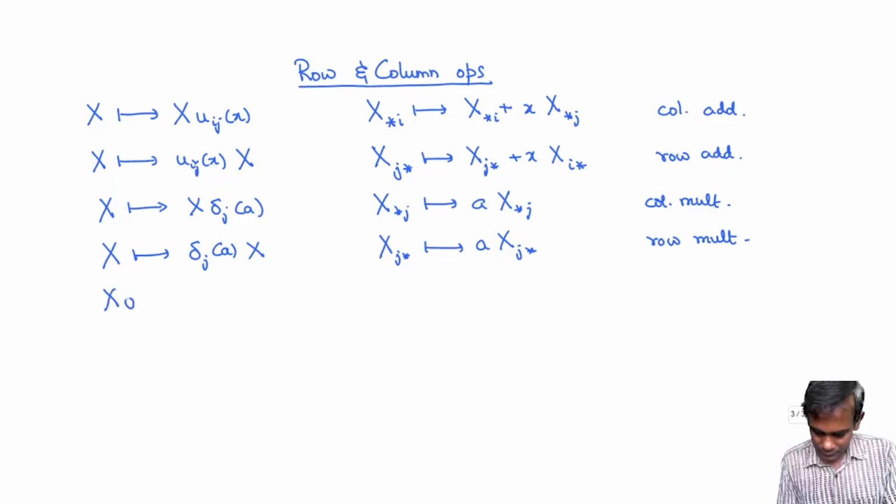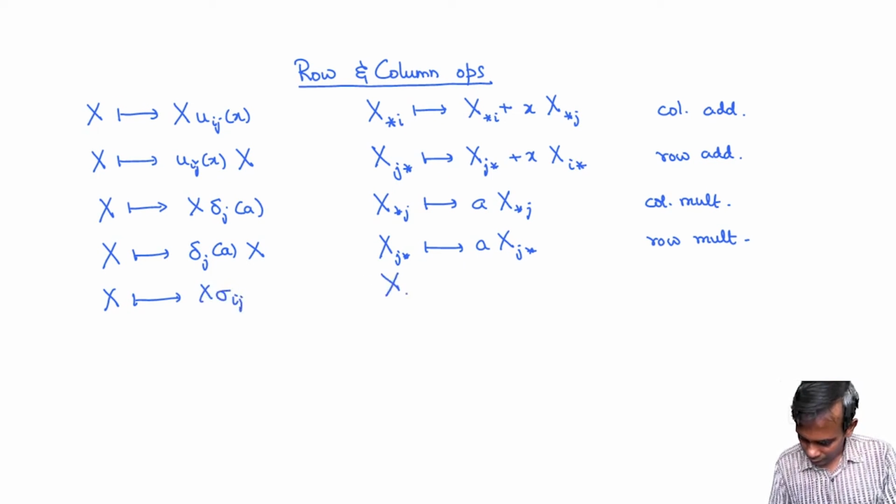And if I take X goes to X sigma_ij, this just interchanges the ith column of X with the jth column of X. So this is the column interchange operation.